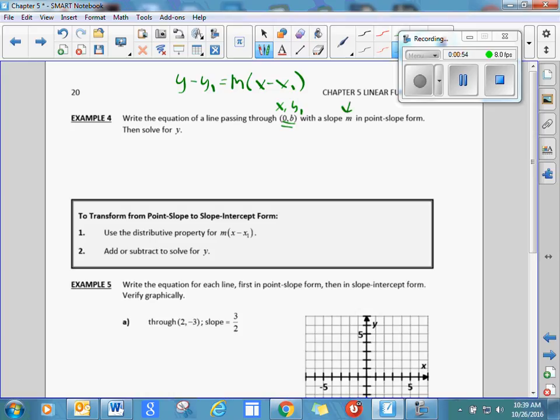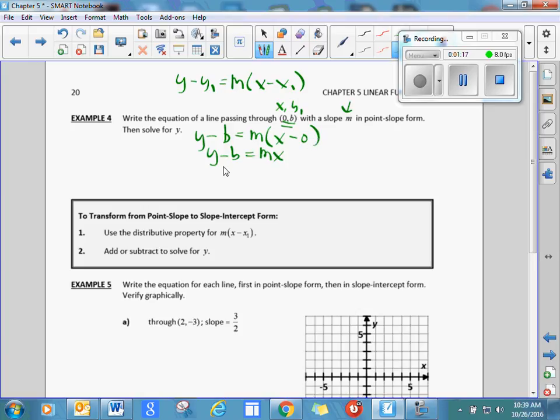And slope, again, is m. So if we plug in this point, we have y minus b, that's our y sub 1, equals m times x minus 0, our x sub 1. Or y minus b is equal to m times x, because we can drop off the 0.